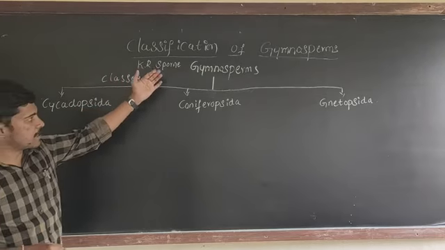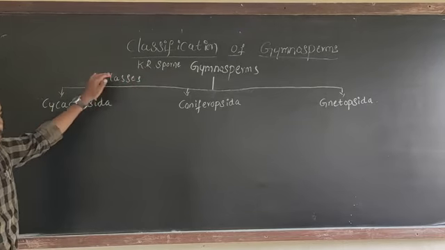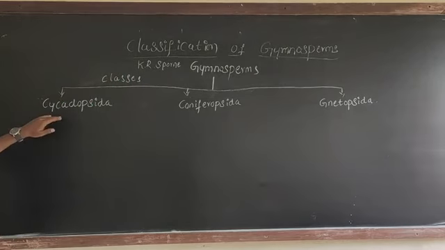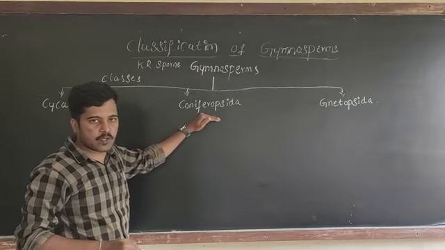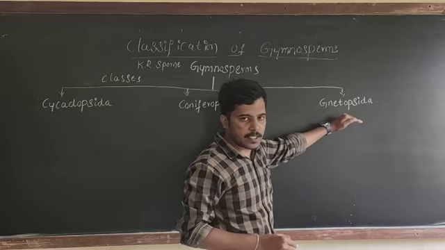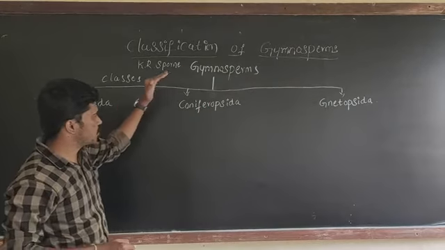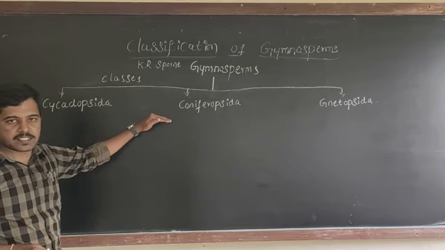Sporne has classified gymnosperms into three classes. The first one is Cycadopsida, the second one is Coniferopsida and the third is Neotopsida.